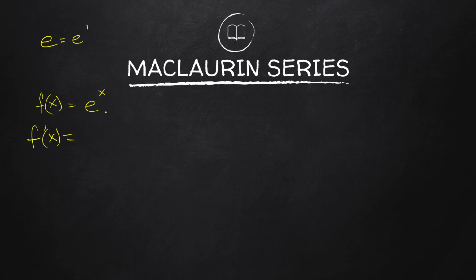The first derivative of e raised to x is equal to e raised to x, or the exponent u, multiplied by the derivative of that exponent, the derivative of x with respect to x, but this is equal to 1. So your first derivative is equal to e raised to x still.